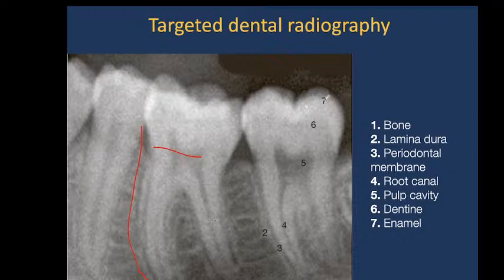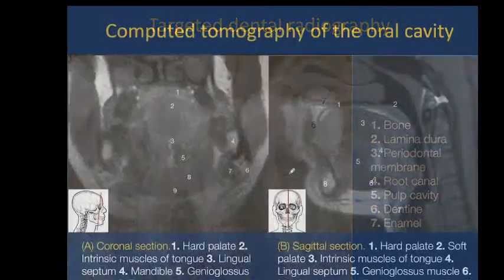Also, we can nicely see the different tissues of the dens, like enamel here, and the dentine and pulp cavity. The pulp cavity mostly looks like a dark cavity inside of the dens.